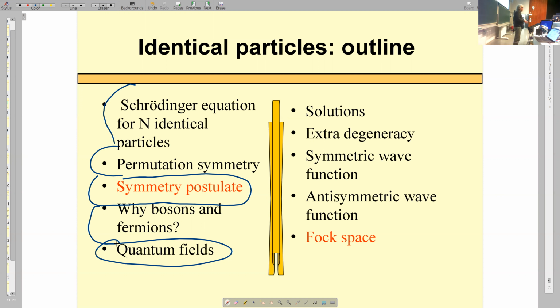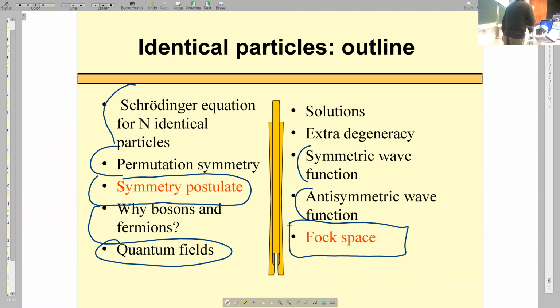After that, I'm afraid it will be a little boring, because the symmetry postulate will tell us that we have to symmetrize and anti-symmetrize large wave functions, and it's a bit of a tedious task. I will do this. There's nothing wrong with this, but it might look a bit boring. The final goal of this lecture is to come to Fock space. Fock is a name. It is very special for us.